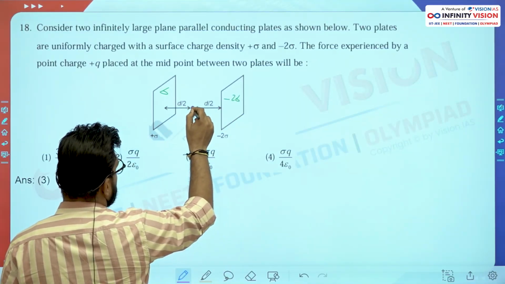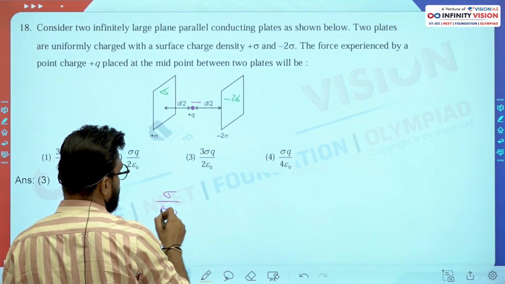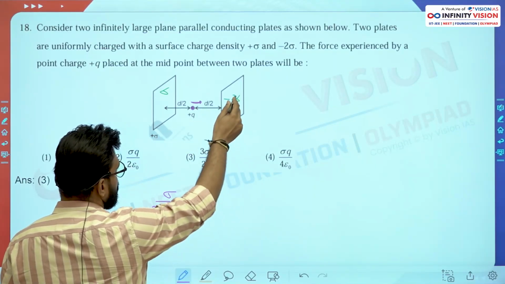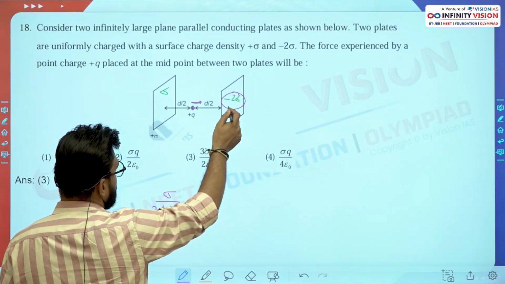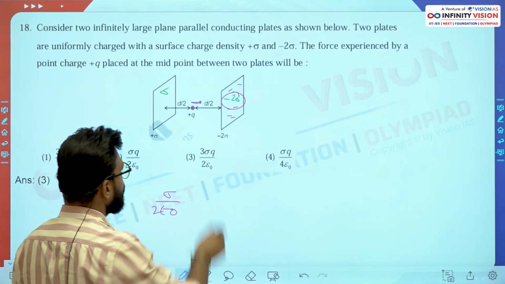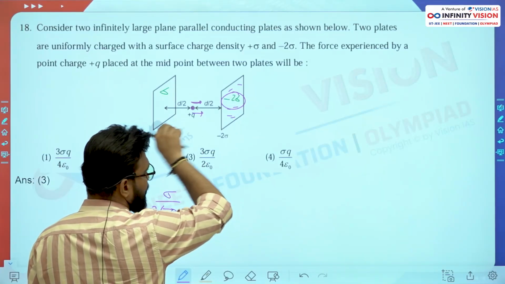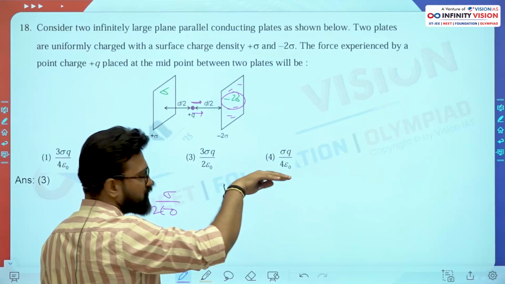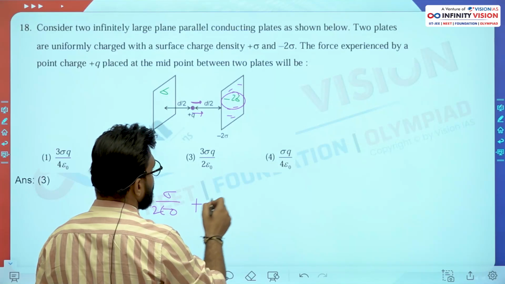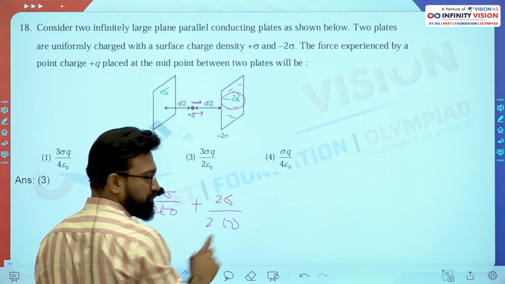At this particular point, the electric field because of this plate would be sigma by 2 epsilon naught, and it is away from the plate. Because of the negative sheet, the electric field would be in the same direction, towards the sheet, and it is 2 sigma by 2 epsilon naught, which is sigma by epsilon naught.